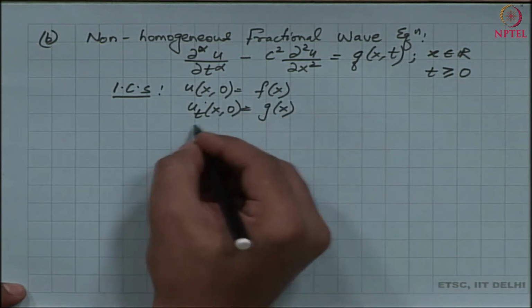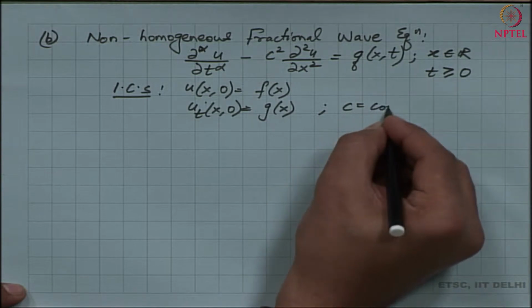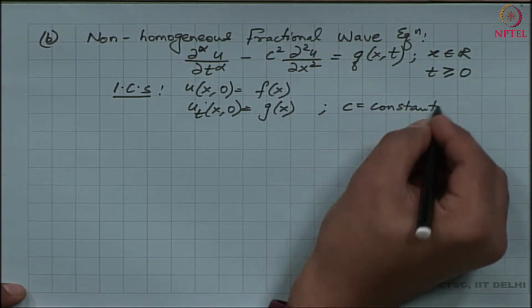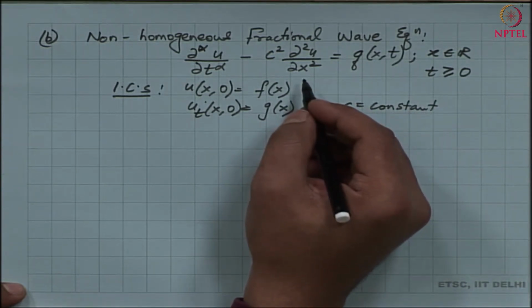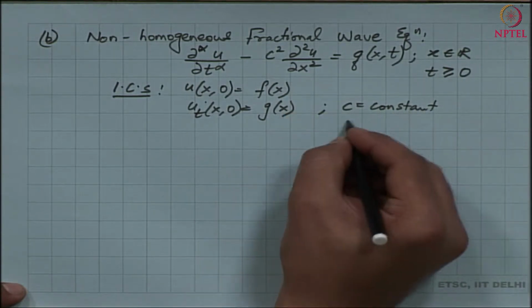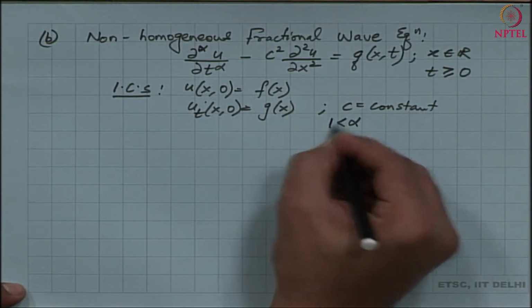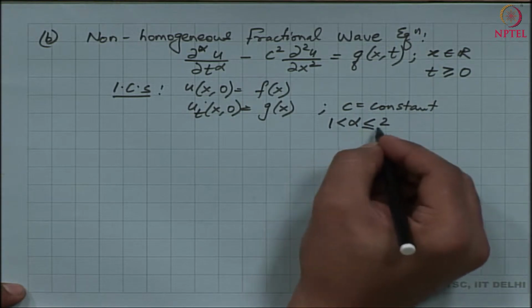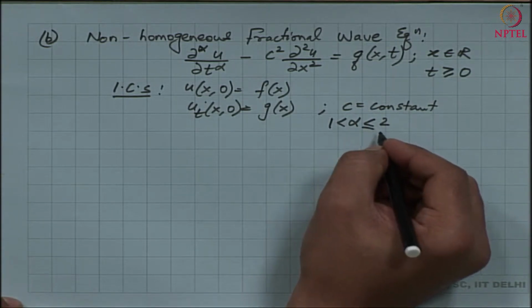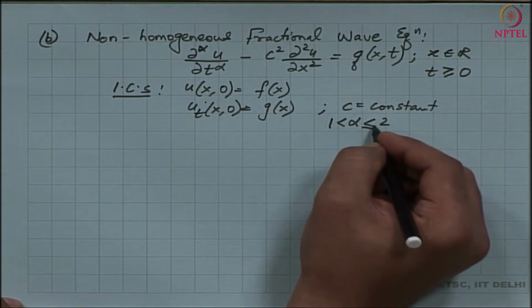I am further given that c is a constant, the wave speed, and that alpha is between 1 and 2, including 2. If it is equal to 2, I get back my classical wave equation, and that solution has already been discussed.